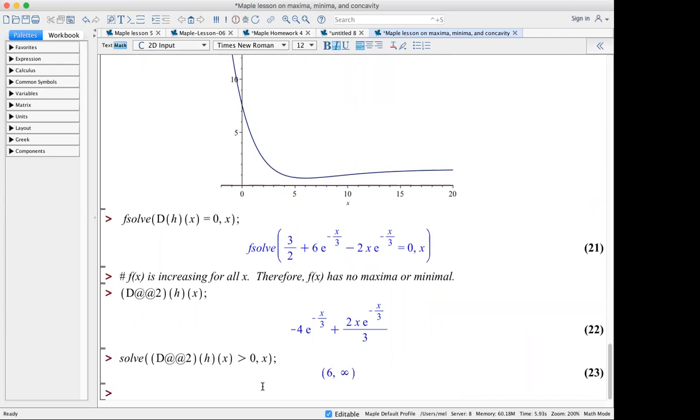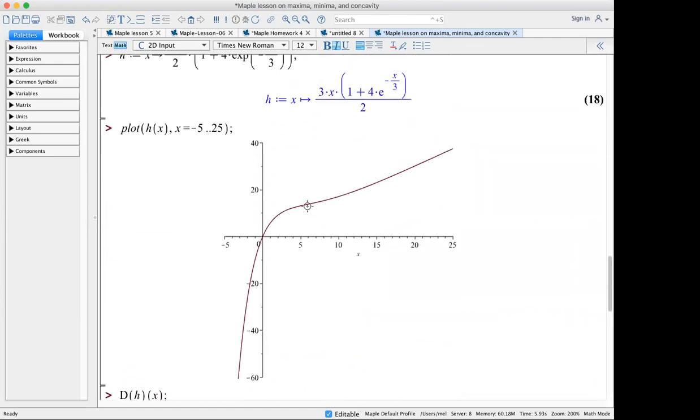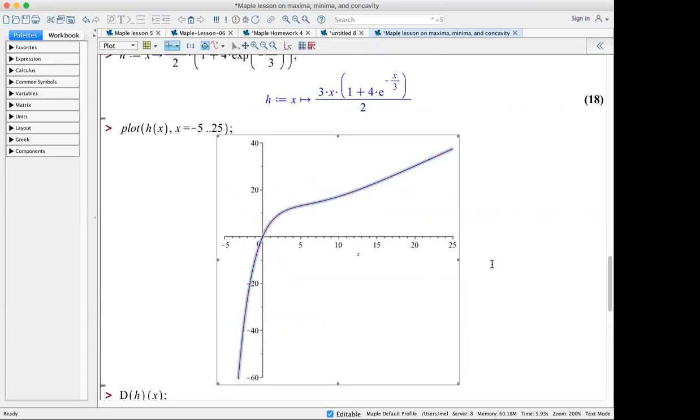And this is h of x concave up in this interval. That is, from 6 to infinity, it's concave up.